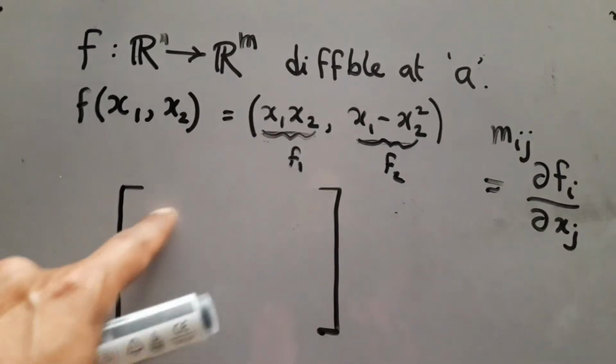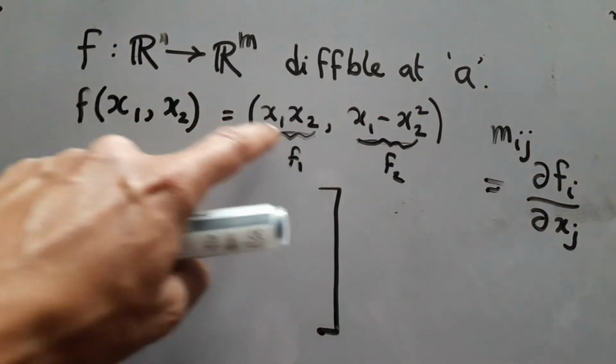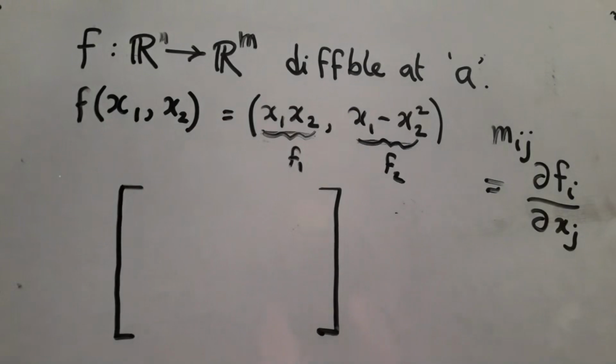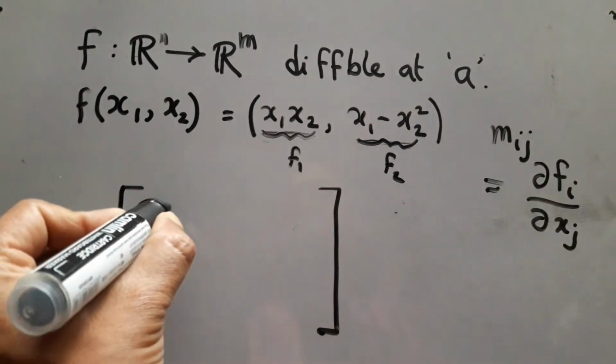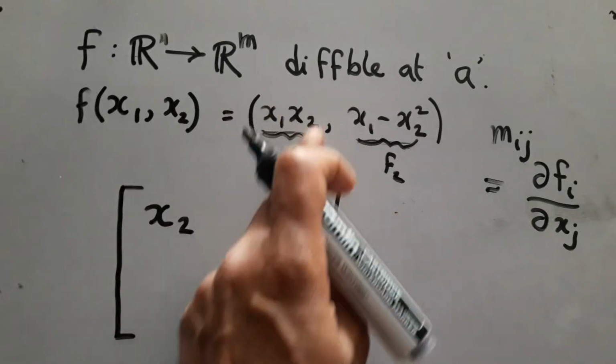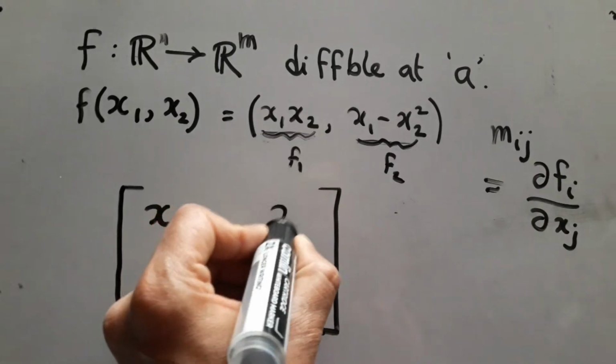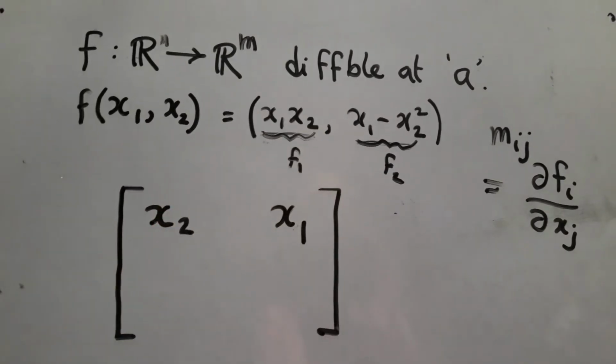The first entry, 1/1 entry, is obtained by partially differentiating this one, x1 x2, with respect to x1. So x2 behaves as a constant and you get x2. Similarly, when you take the same thing and differentiate it with respect to x2, you get this entry, which is x1.